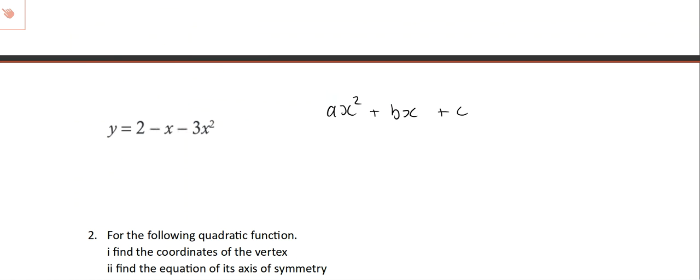And we looked at, when we did that investigation, that this coefficient here, the a coefficient, the coefficient of x squared, if a is a positive number, it's concave up. If a is a negative number, it's concave down. Okay?